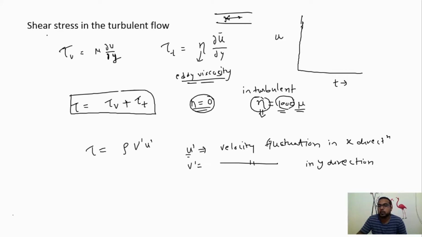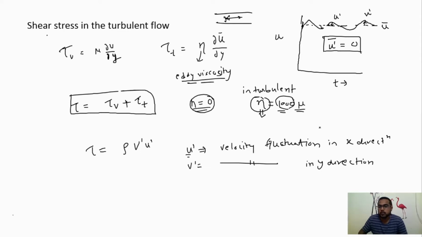So suppose we have this type of distribution of velocity with respect to time. Here we have a mean value. The mean value is u bar, and this fluctuation is u dash. So what would be the average value of this fluctuation? It would be 0. We have to remember this.